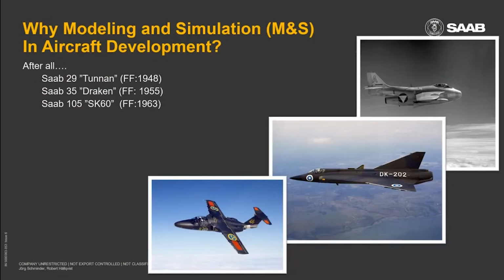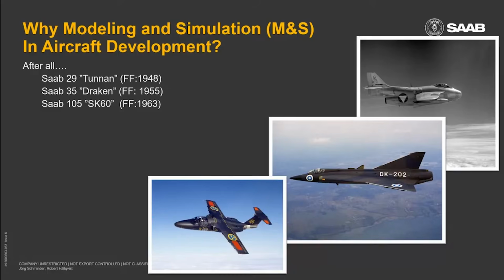So Saab Aeronautics is an aircraft developer, and this is something that we have been doing for a very long time. Here you can see some pictures of three Saab developed aircraft. In the top right, we have the Saab 29 Tunnan or barrel aircraft.